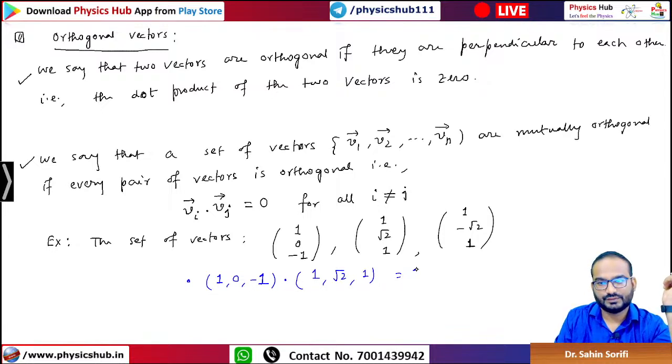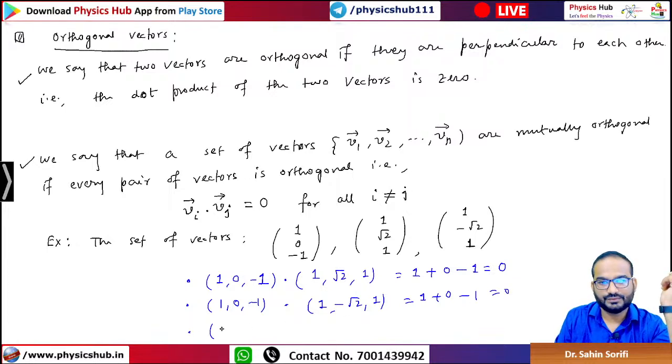So it is 1 plus 0 minus 1, so this is 0. If you take the dot product between 1, 0, minus 1 and 1, minus root 2, 1, again you find 1, 0, minus 1, that is 0.